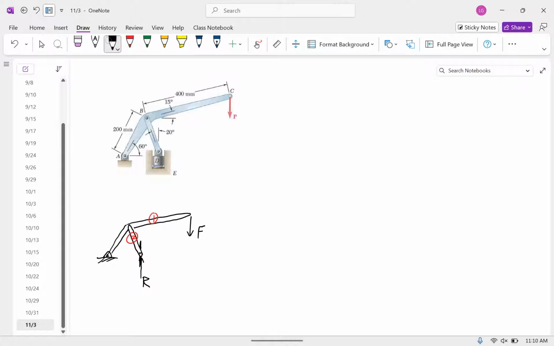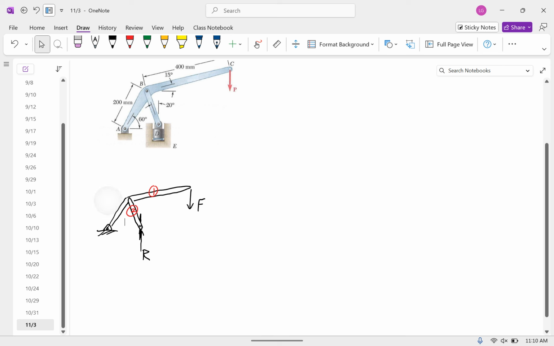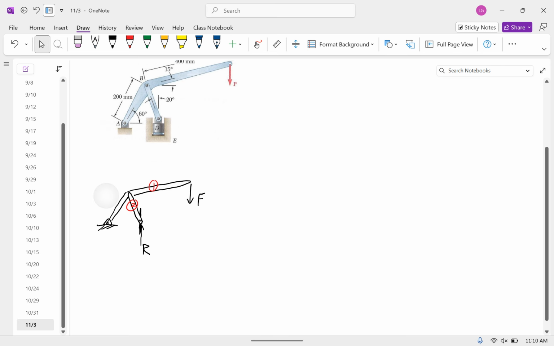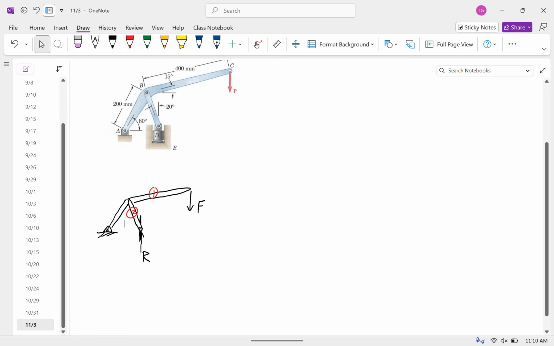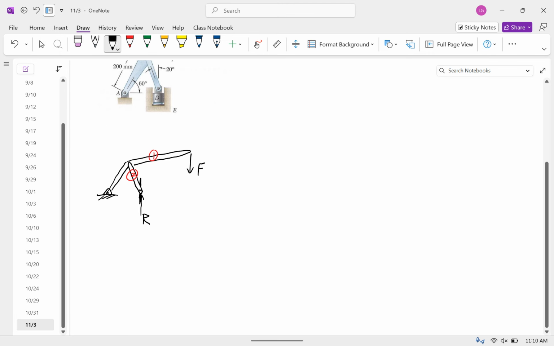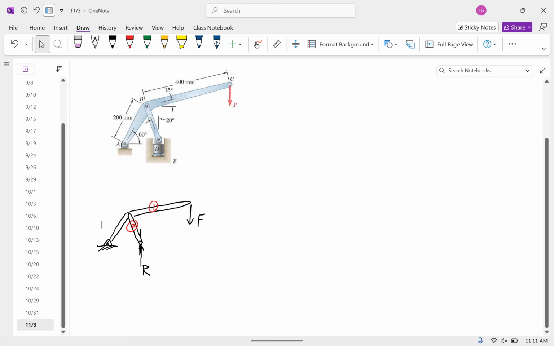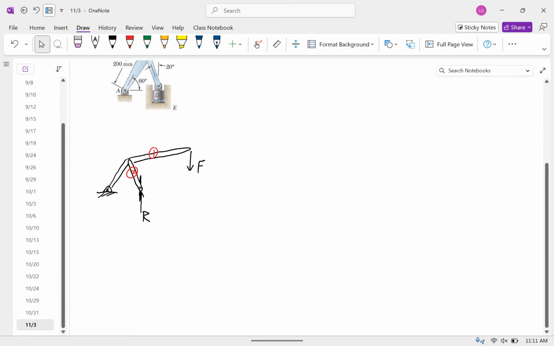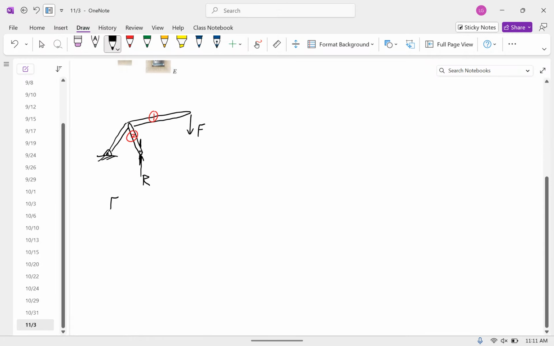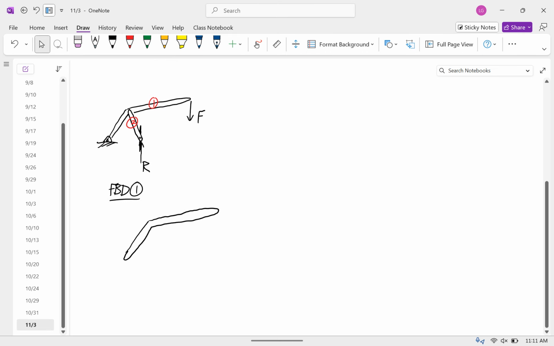Okay, so let's draw this stuff. Okay, so I'm going to do a free body diagram of body 1. There's RA.